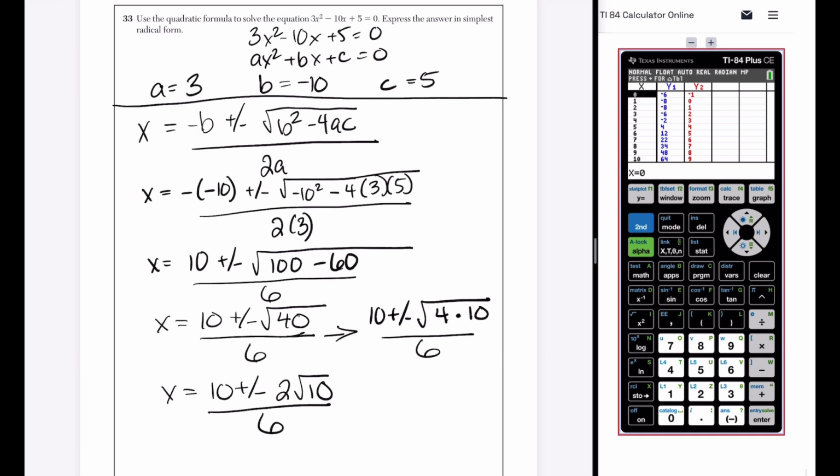Is there anything else we can do with this problem? Just trying to think it through. I could divide everything by 2. So I could get 5 plus or minus square root 10 divided by 3.